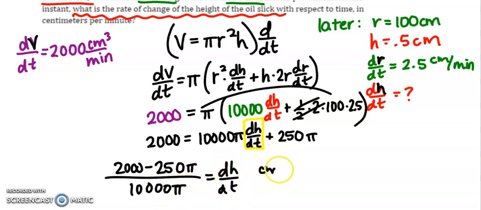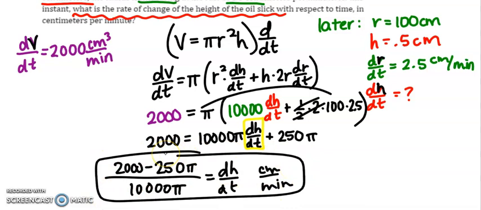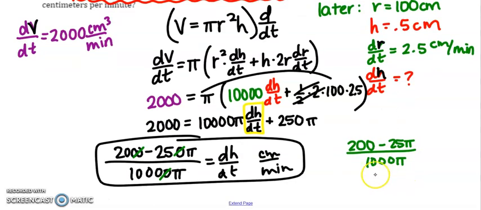Technically, this is in centimeters per minute for units, but you can leave this. If you're like, Ms. Schwartz, I really don't like to leave that, that doesn't look nice to me. Okay, well, you can clean it up a little bit. You could take out a 10 from each one of these things. So you could have 200 minus 25 pi over 1,000 pi. And then I didn't realize too, you could take out a 25.